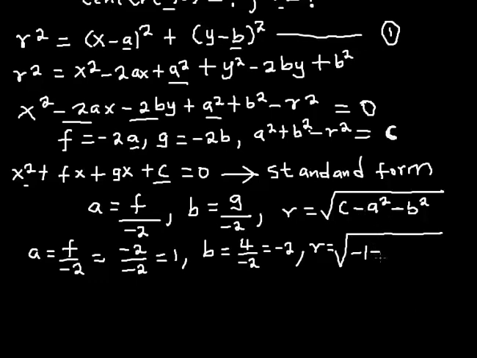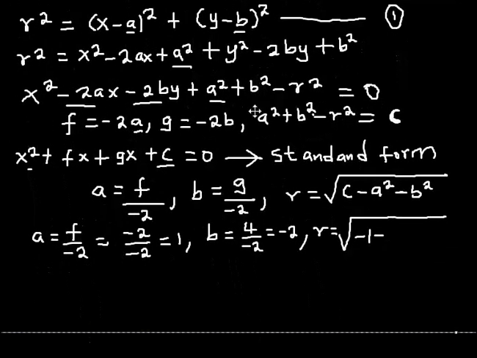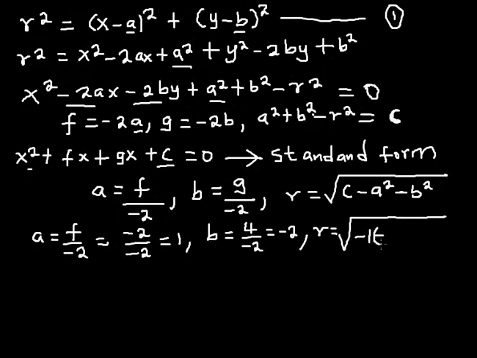So that's going to be minus 1 squared, then plus b squared.